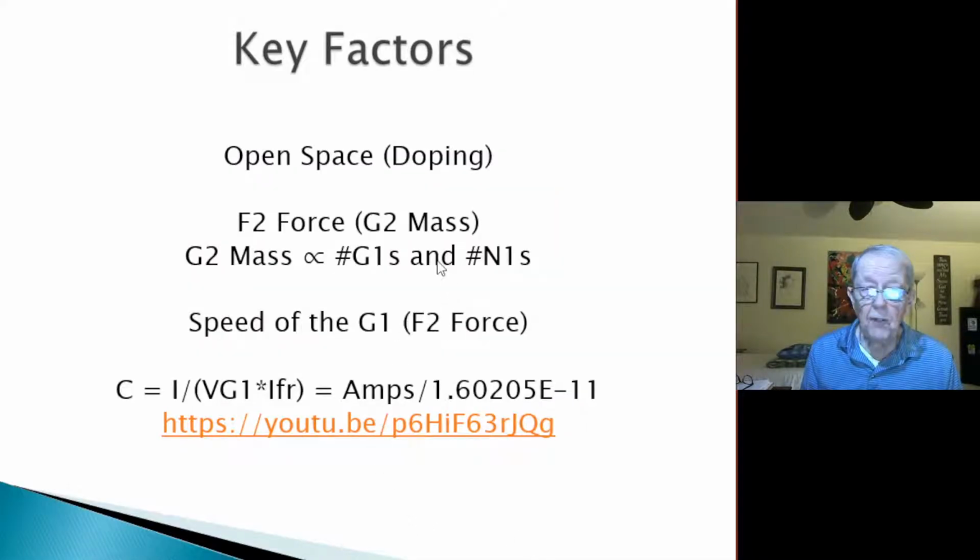So here are the key factors. By the doping, they create open space or limited space. In the P-type, it's more open space. In the N-type, it's more limited space. F2 force depends on the G2 mass. Now here's the point. G2 mass is actually all the atoms in the silicon and the phosphorus and the boron.